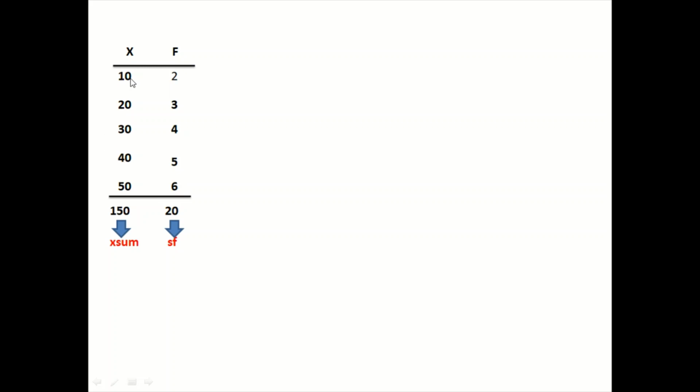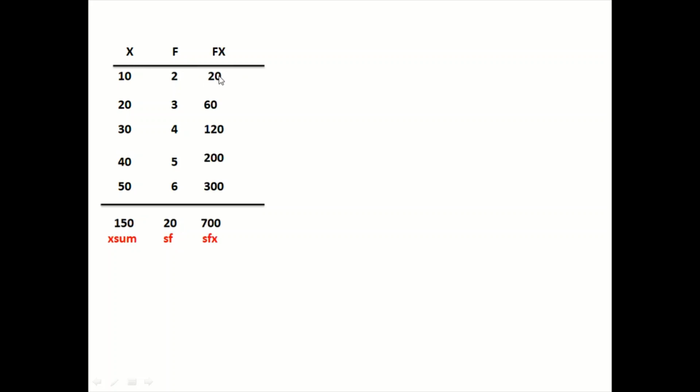Then each of these values is totaled and stored to the respective variables called x sum and f sum. You can see the value of x sum is 150 and the value of sf is 20. Soon after this, we need to calculate f into x, called fx.